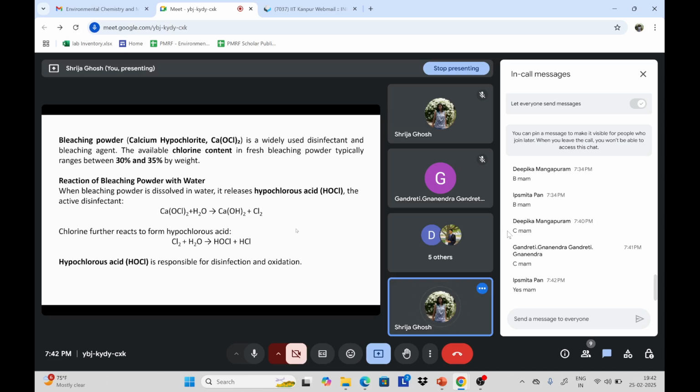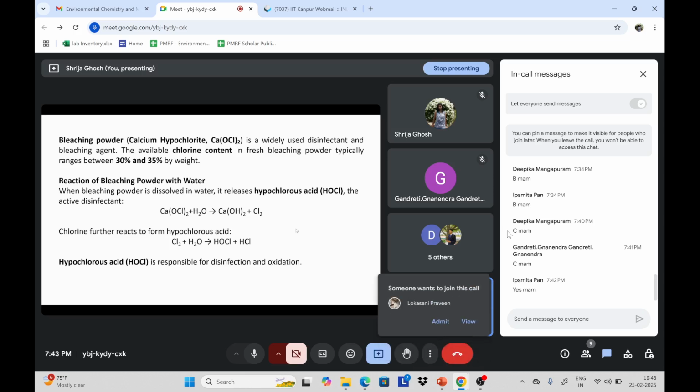It is also used as a disinfectant in other areas, and it is used for color bleaching also, right? So bleaching powder is a very common household chemical. Chemically it is calcium hypochlorite, and it has available chlorine content between 30 to 35% by weight.